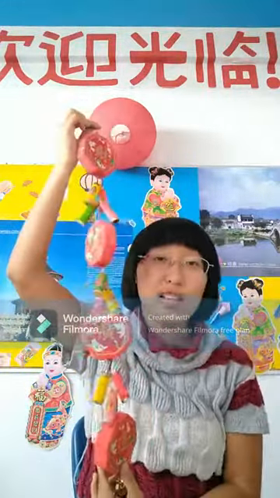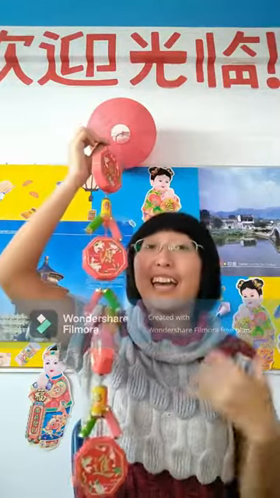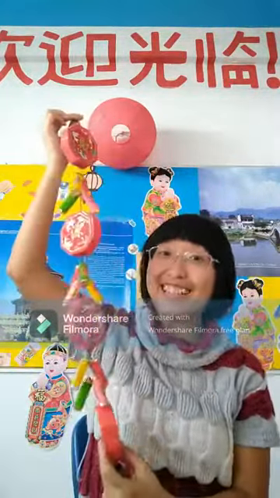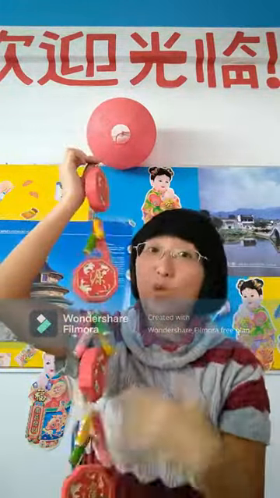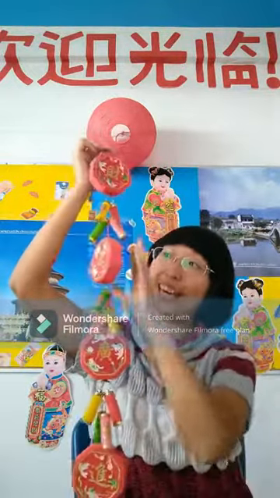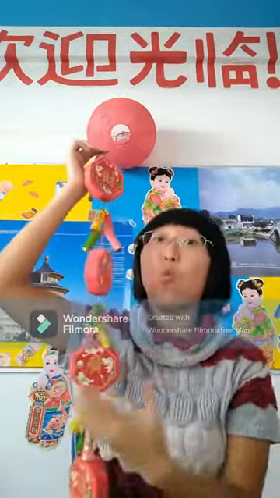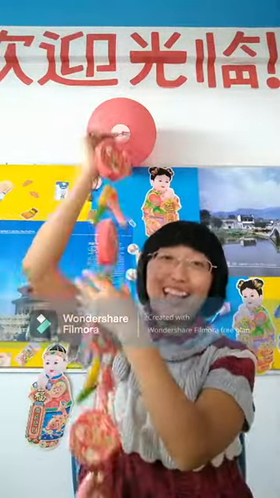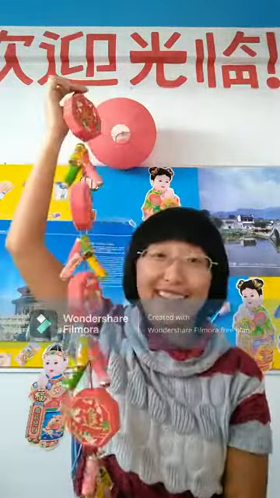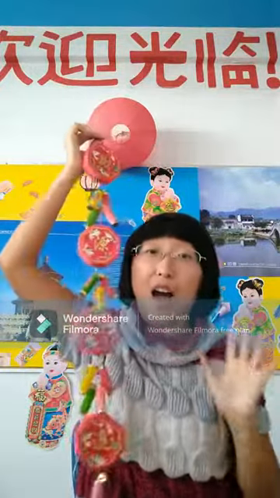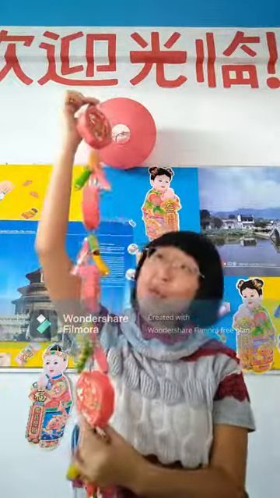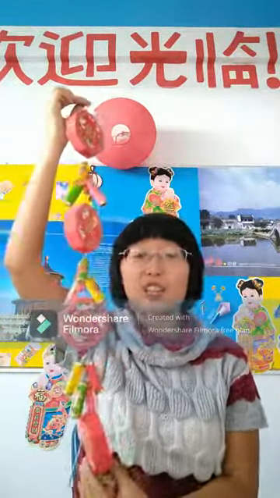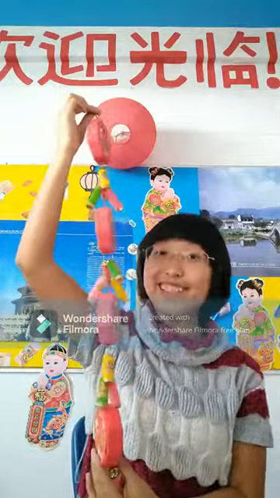And we use this one to decorate the house during Chinese New Year. We can hang it on our front doors, or we can hang it on the wall. We can use this pretty decoration and it will not harm the environment, the earth we love. We can also buy this one in Chinatown and show it to the students.